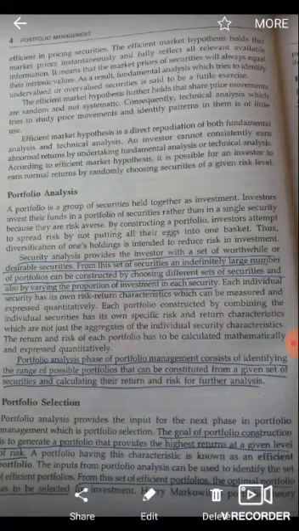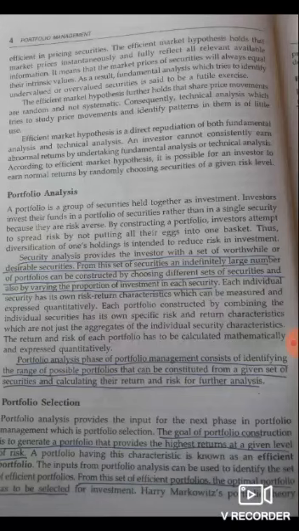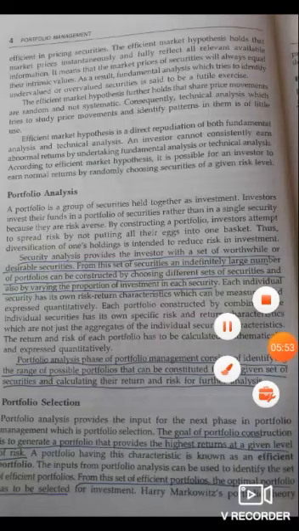Then the third step is the portfolio selection phase. From the portfolio analysis phase, we have constructed a number of portfolios. The goal of portfolio construction is to generate a portfolio that provides the highest return at a given level of risk. That is, whenever we construct a portfolio, we look for maximum return at minimum risk.